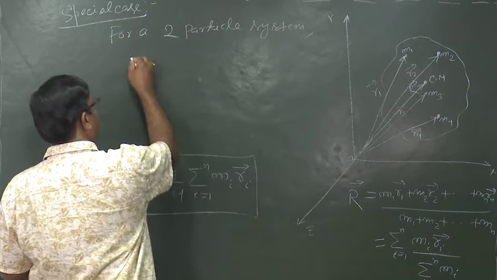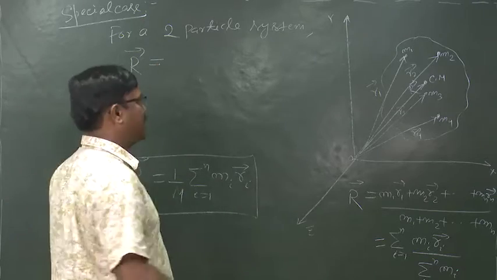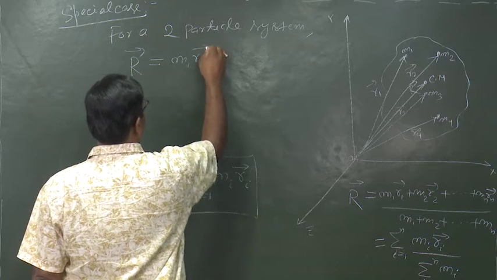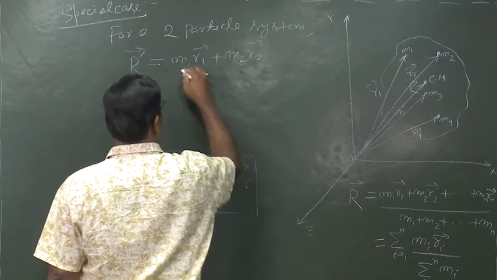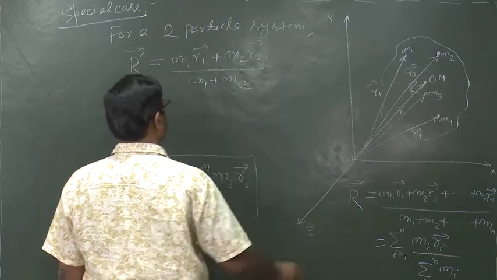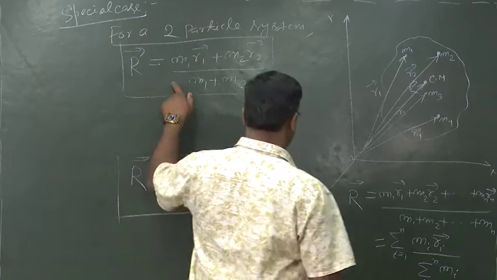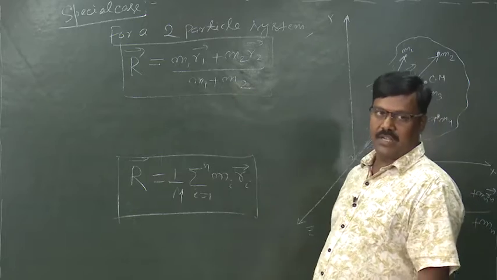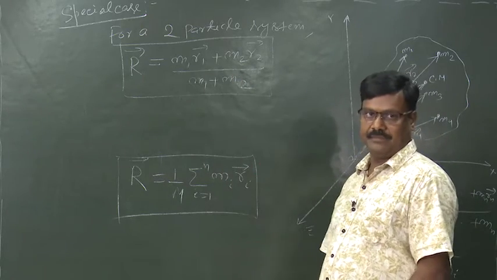The position vector of the center of mass can be expressed as m1 r1 vector plus m2 r2 vector divided by m1 plus m2. This is the expression for the position vector of the center of mass of a two particle system.